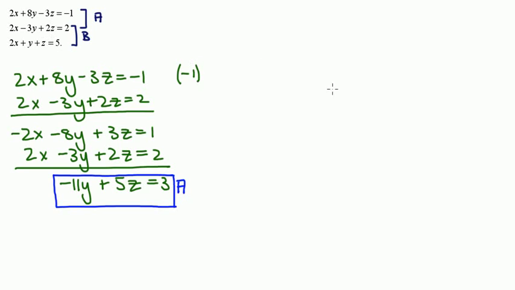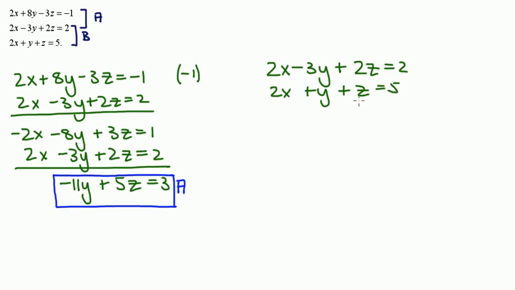Now we're taking the second equation and the third equation and doing the same thing. Because I cancelled x with the first two equations, I have to do the same thing here. I have to cancel x again. So again, I'm just going to multiply the top line by minus 1. I could do it to the second equation; it wouldn't make any difference.